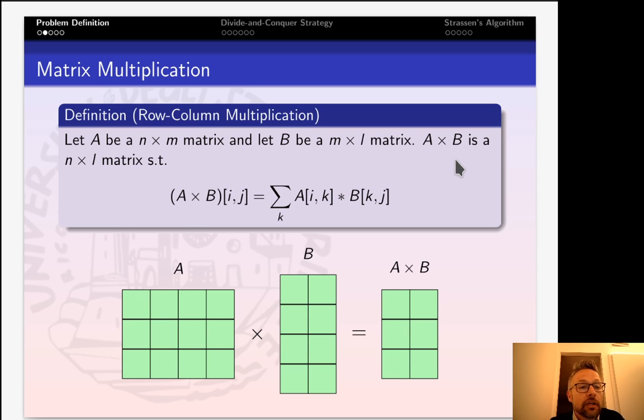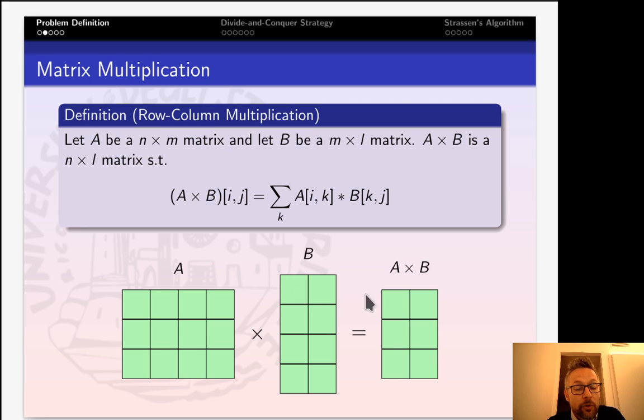If this is the case, we can multiply A times B and obtain a new matrix whose dimension is n times l, so n rows and l columns. How? Simply doing the following.